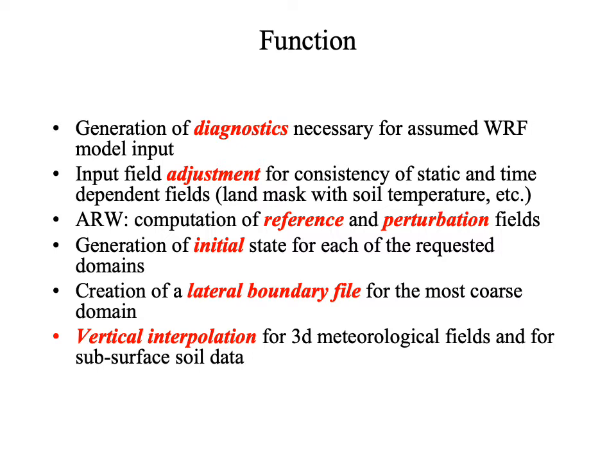So, for example, you can imagine if you bring in data from multiple sources, they may not all agree that a particular grid cell is a water point or a land point. That's something that's fairly easy to figure out inside of the real program, and the WRF model does a poor job at adjusting to inconsistent values. It probably just segfaults.